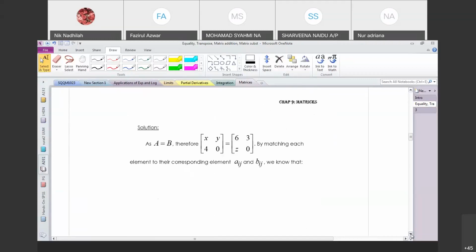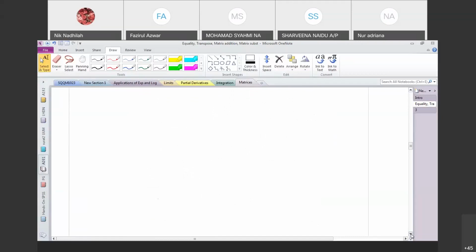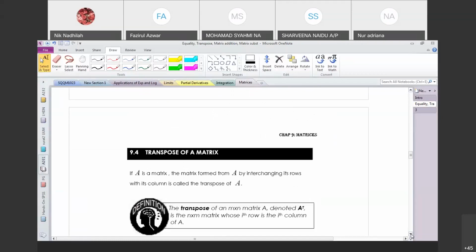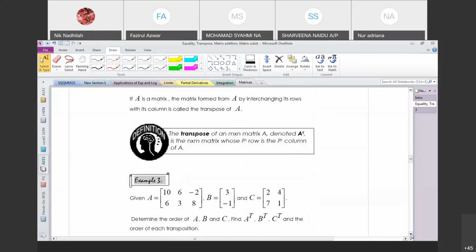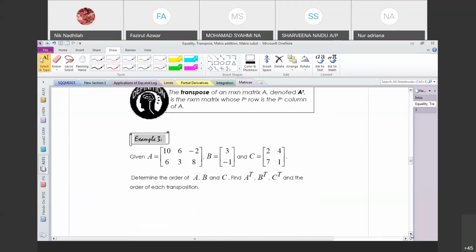Moving on, transpose of a matrix. This is also very straightforward. To transpose any matrix, you just change the rows to become the columns. Let me demonstrate.